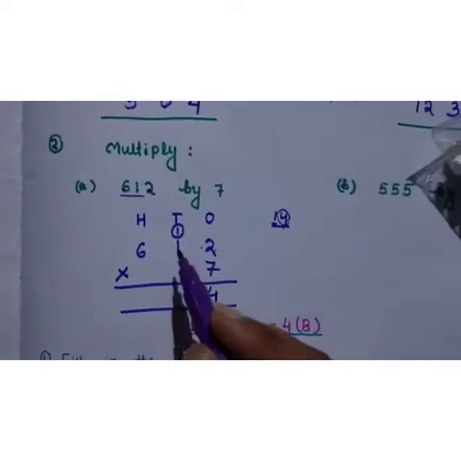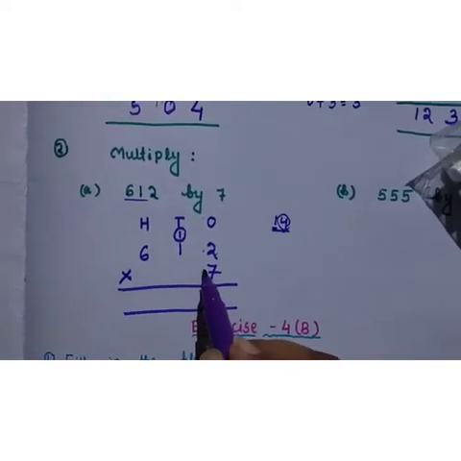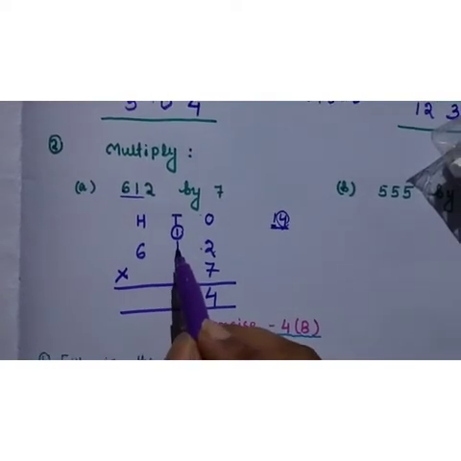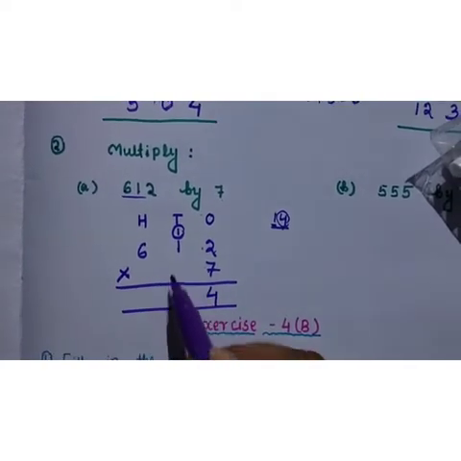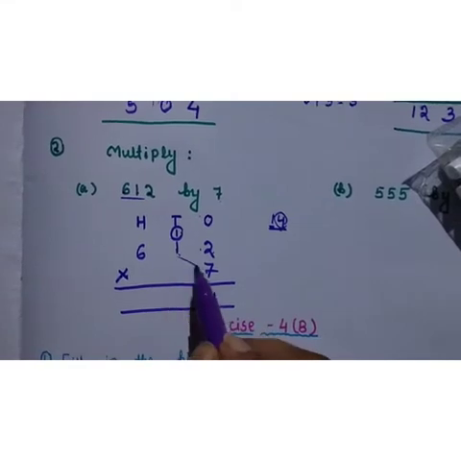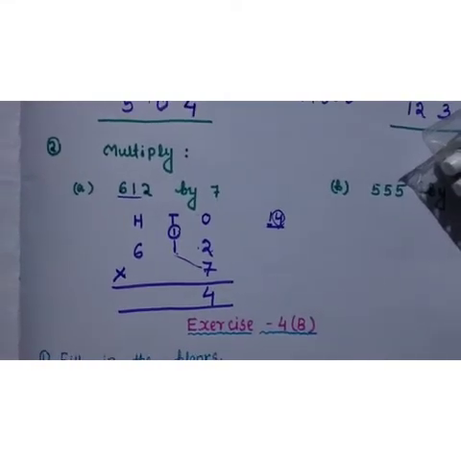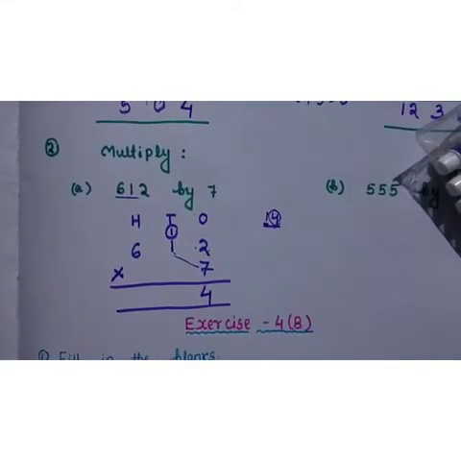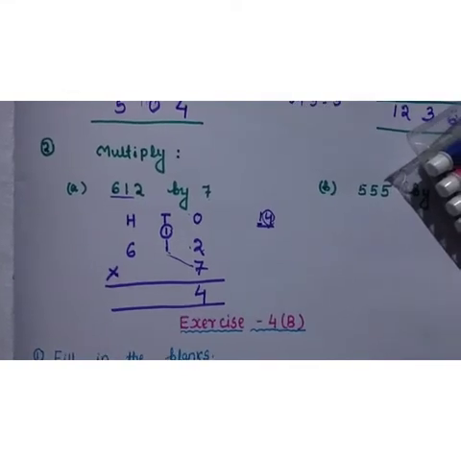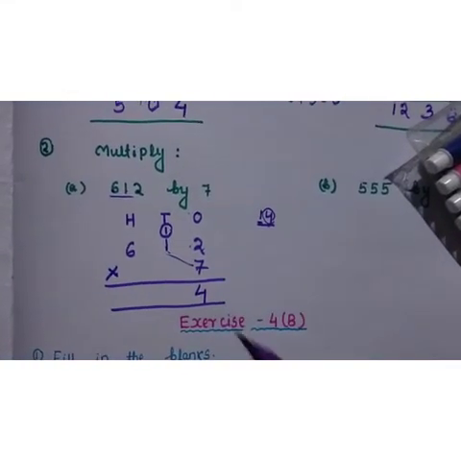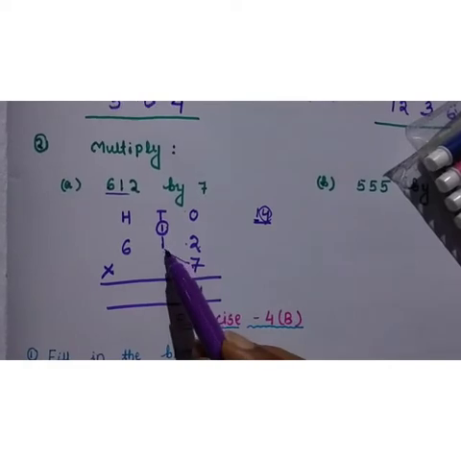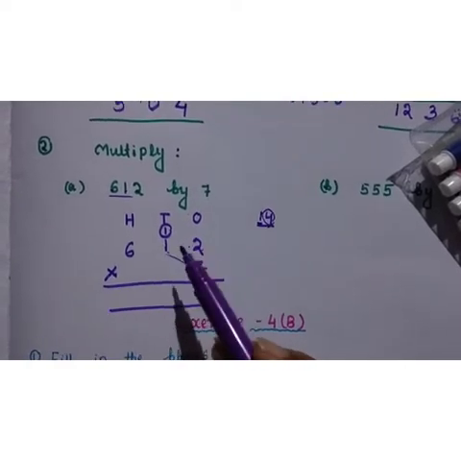Now we multiply the tens place digit. The tens place digit is 1 multiplied by 7. That means 1 7s are how much? 1 7s are 7, because according to the property, when you multiply a number by 1, the answer is the number itself.